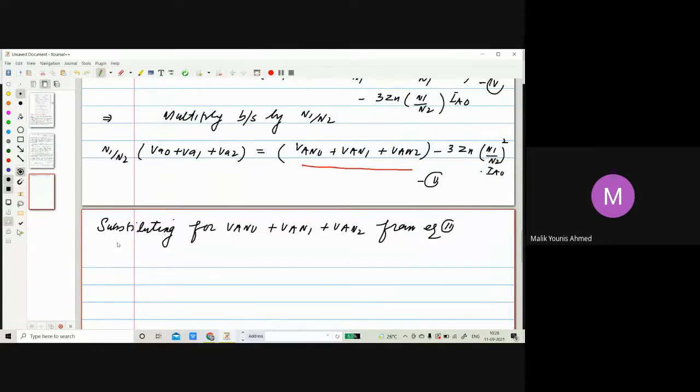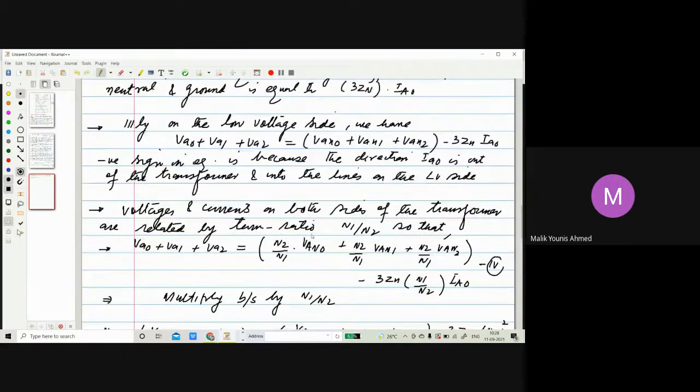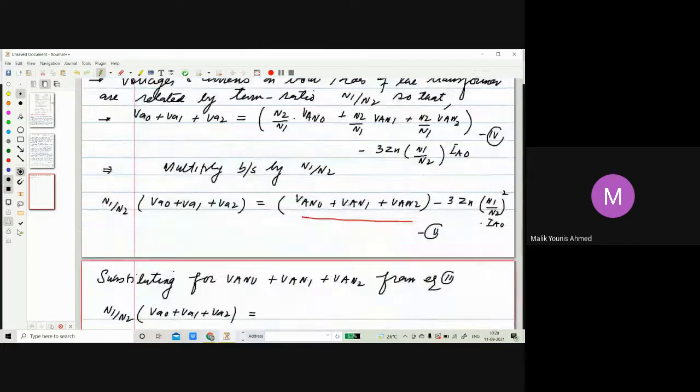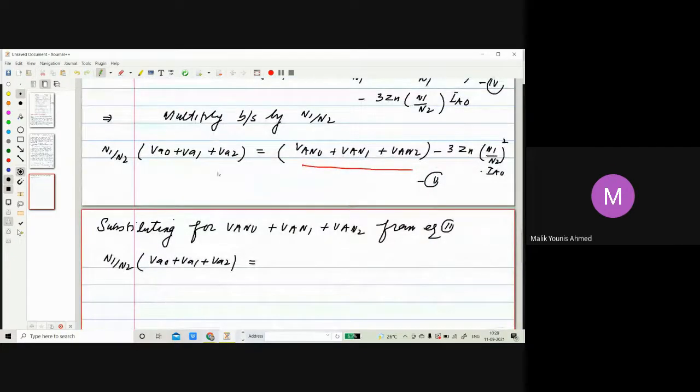So the left hand side will become n1 n2 divided by n1 n2 VA naught plus VA1 plus VA2. On the other side, instead of this equation, we can write this complete equation.